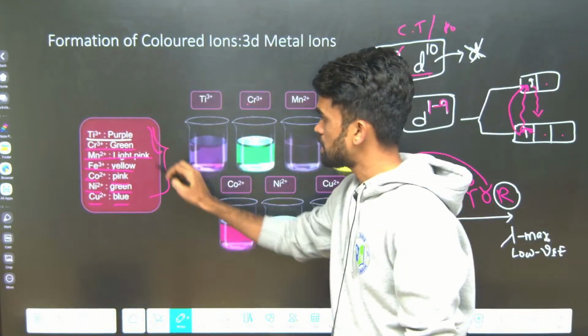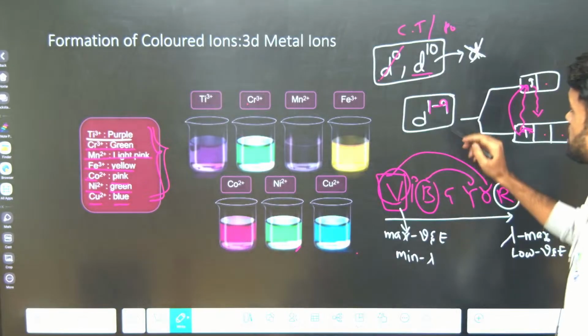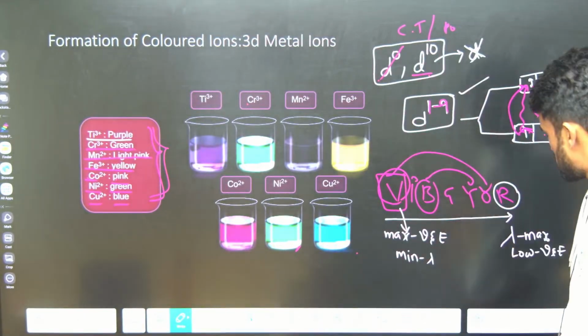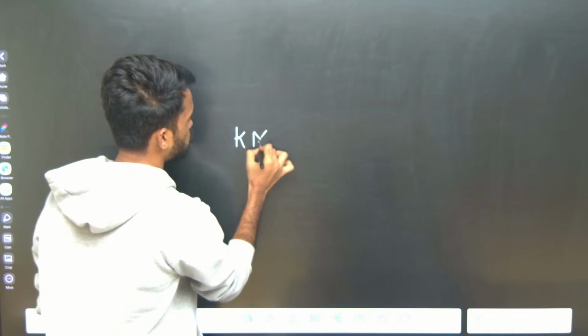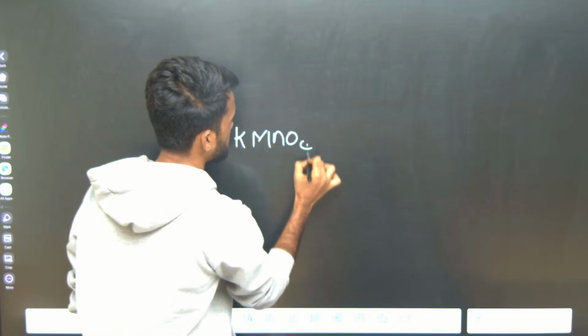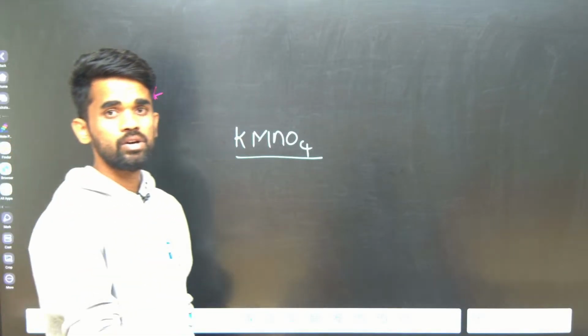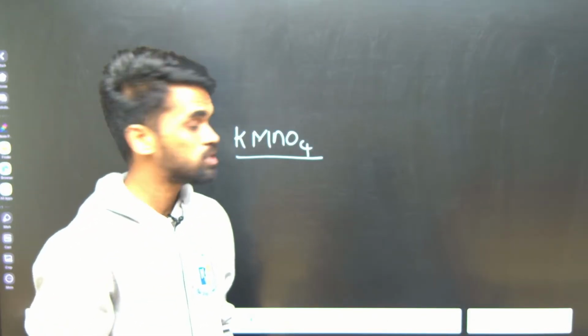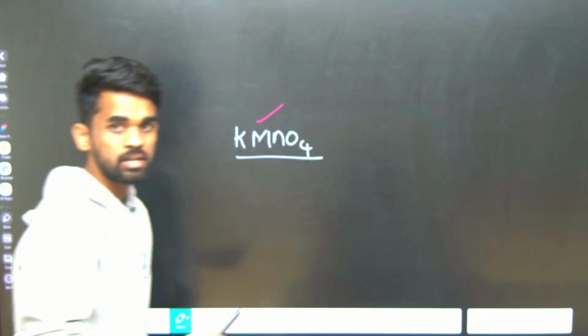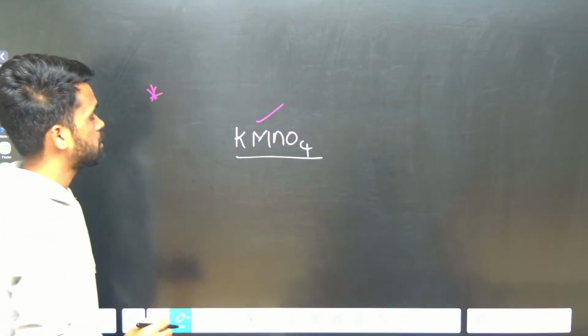These colors are important. And what is the reason? d-d transition is one reason, and the next is the charge transfer phenomenon, a very important concept. For example, KMnO4, potassium permanganate, which you might have seen in your BSc, MSc or intermediate laboratories.